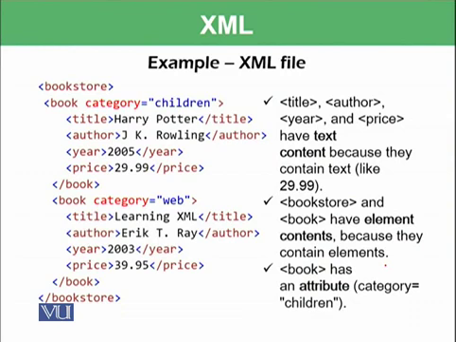So we have bookstore, and that bookstore has a book tag with a category children, and then for example there is another category web. So in the book tag we have title, author, year and price, and this is the ending of one record of a book.